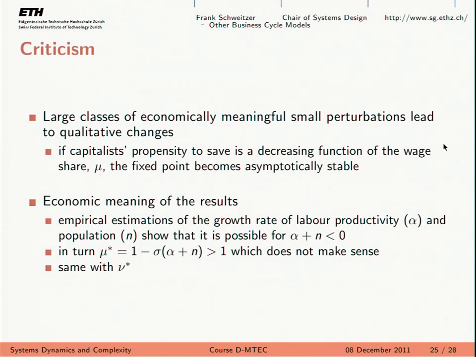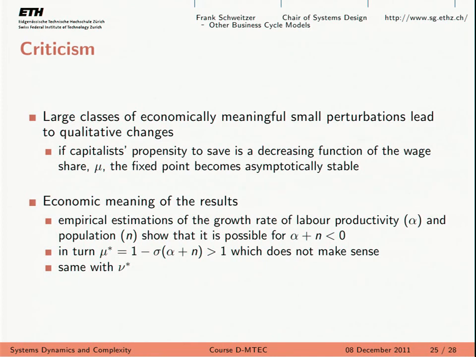It turns out that if you introduce just small fluctuations in the model, very small, but which are nevertheless economically meaningful, and for instance, I've given an example. If the capitalist's propensity to save is not 1, so it's not the fact that everything they get, they save it and invest it, but if it's a decreasing function of the wage share, meaning the more they have to pay to workers, the less they would save.